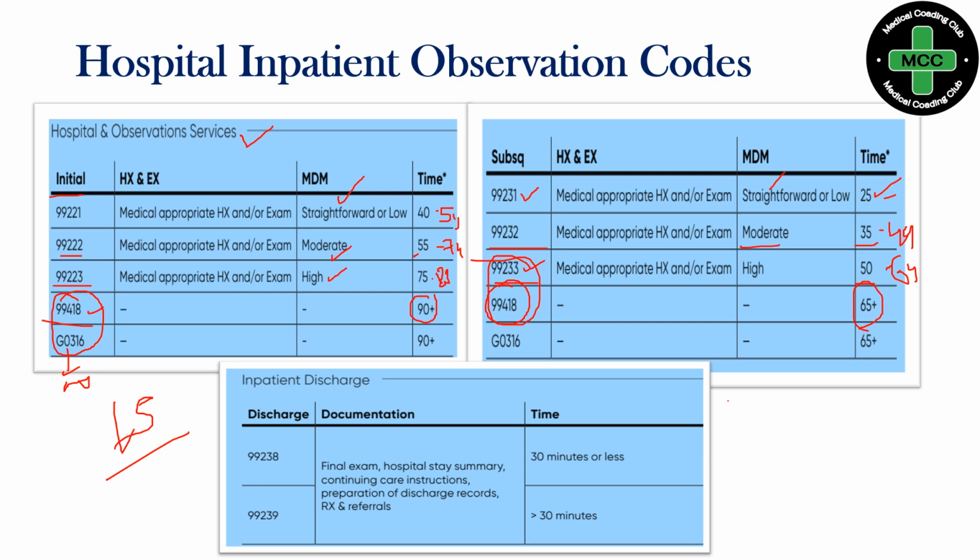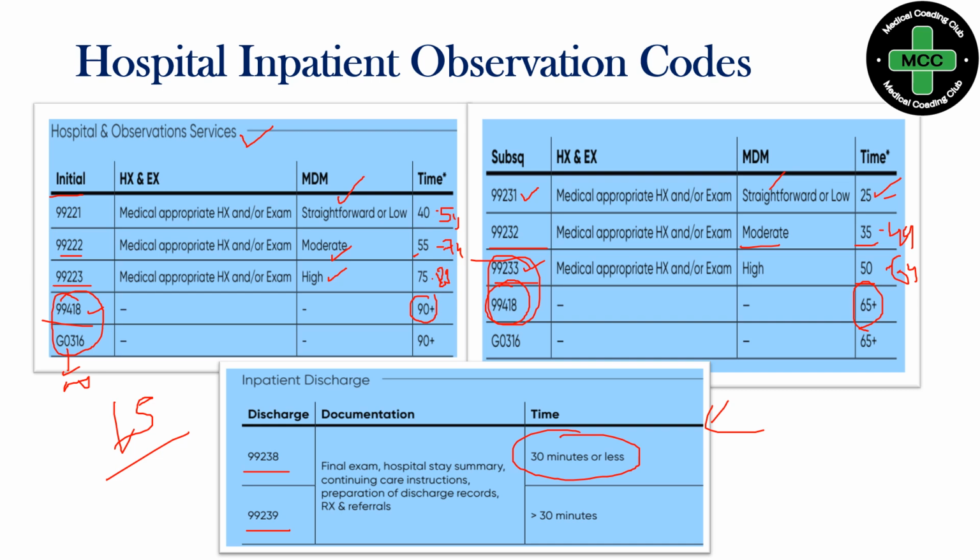And coming to discharge. For inpatient discharge, we have 2 codes, 99238 and 99239. Here it is 30 minutes or less. When the patient is getting discharged, the time spent by the physician, giving follow-up care, general instructions, or instructions on medication, whatever it might be, we have to see the discharge summary.